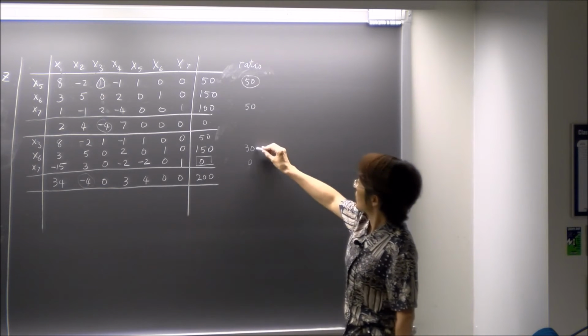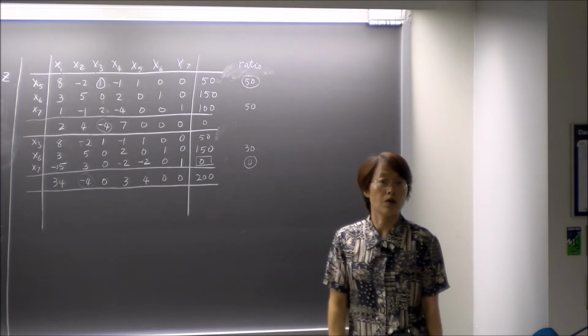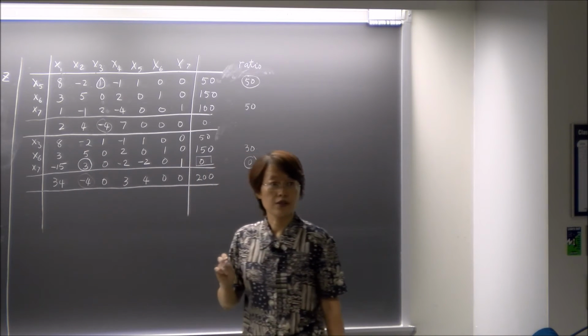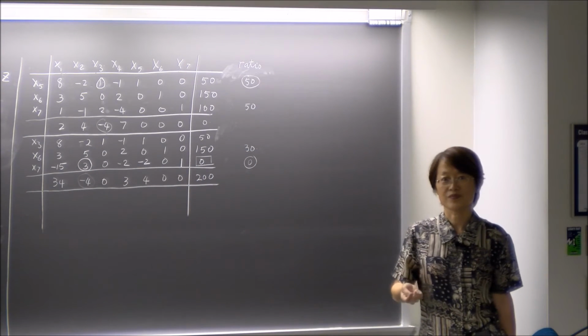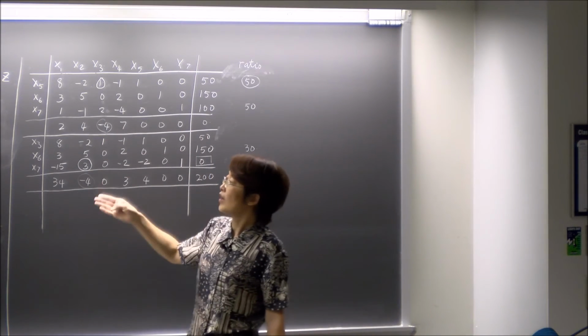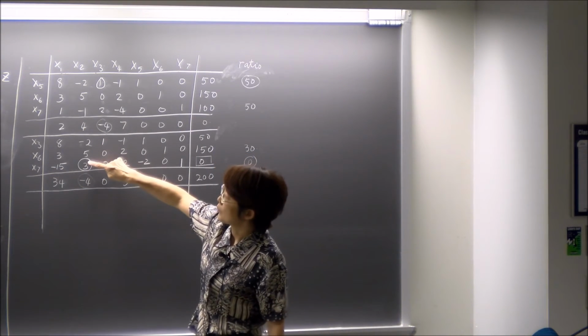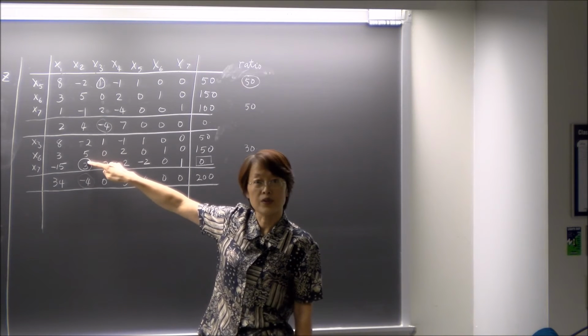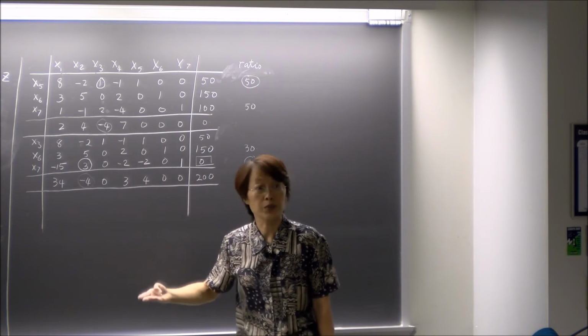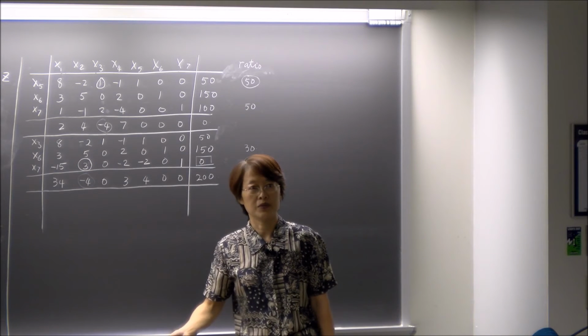So among these two, I know that's smaller. So this will be chosen. Is that clear? The decision which column, which row will be chosen, that's the important decision. Once you made that choice, the rest is a standard procedure to carry this out, right?